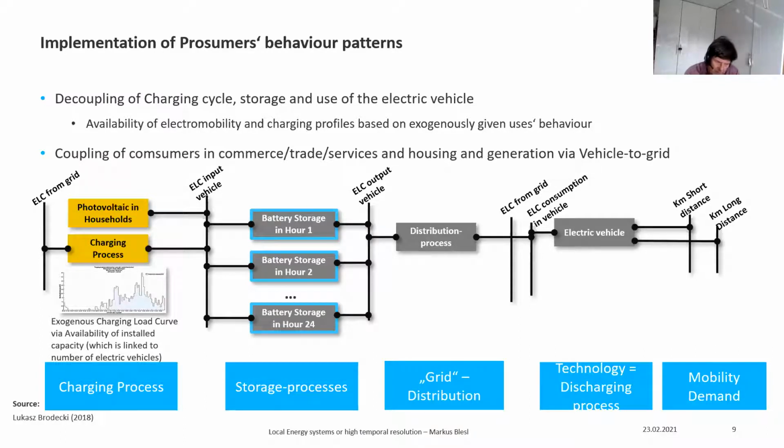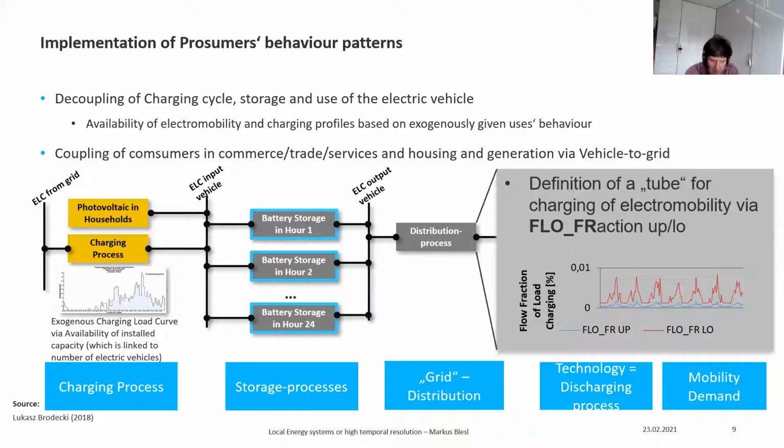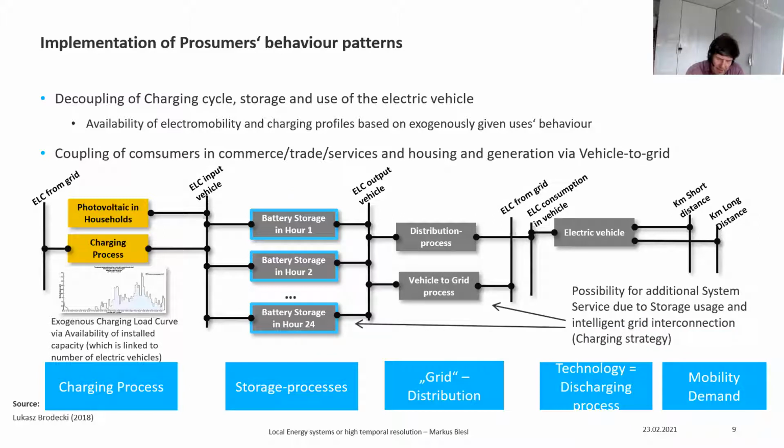And we have a distribution process where we say there's a possibility of a tube for charging, for example, using the TIMES model, with a flow fraction with an upper and lower limit, so that there is a possibility to charge, and at the end the model decides in which parts it is loading. What you see here is again that we have a time resolution, and we will come to this later on.